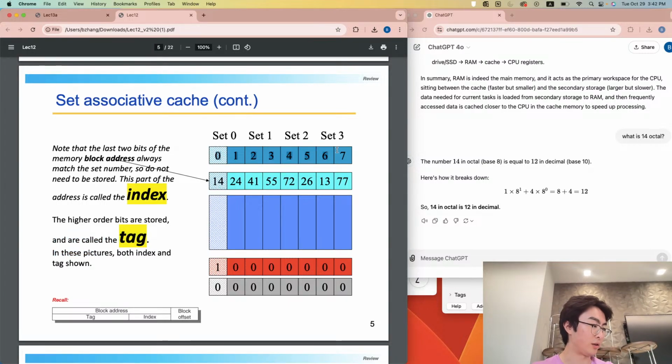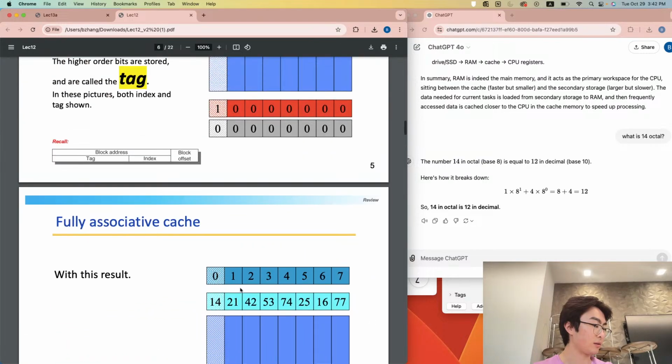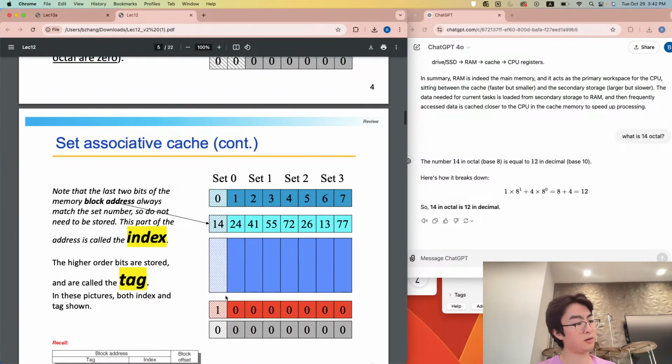Okay, so this is the index and this is the tag. So I guess the cache itself really only stores the tag. Okay. So this is where it got replaced.